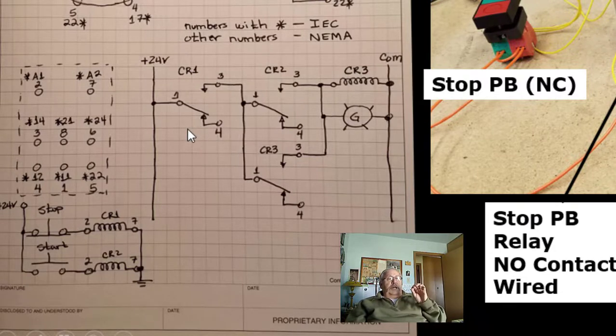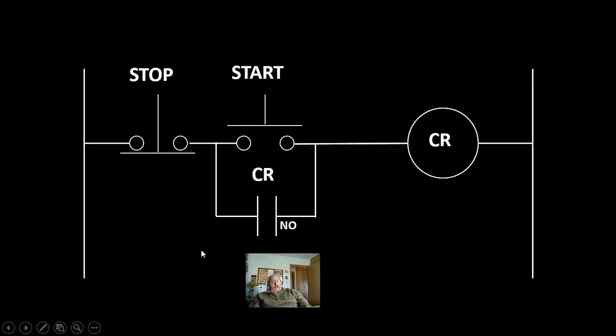The relay contacts are going to be in their reverse condition, so that the normally open contacts will be closed, the normally closed contact will be open. So that's why I wired terminal 1 and terminal 3. The start push button, and I'll go back again, is normally open.